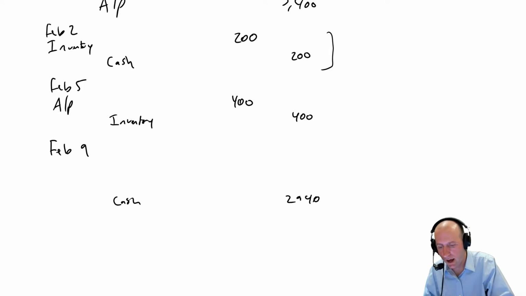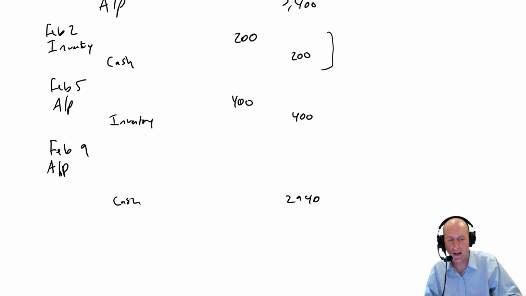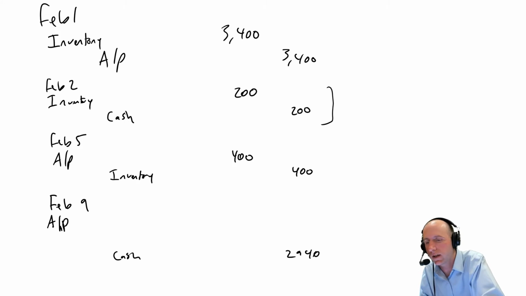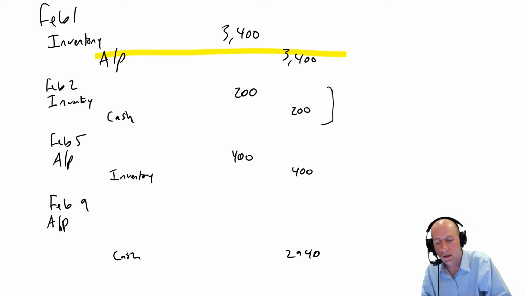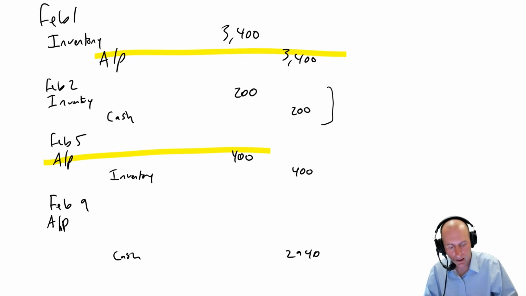I debit AP to say, whatever I owed on this, I don't owe anymore. I've paid the bill in full, and the bill in full was $3,000, right? It was the $3,400 minus the $400. I still owed $3,000 on the bill, so I've got to debit AP for that $3,000, and you can see now I've got $3,400 in debits to AP, $3,400 in credits to AP.